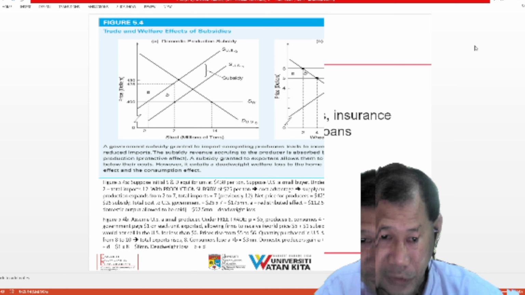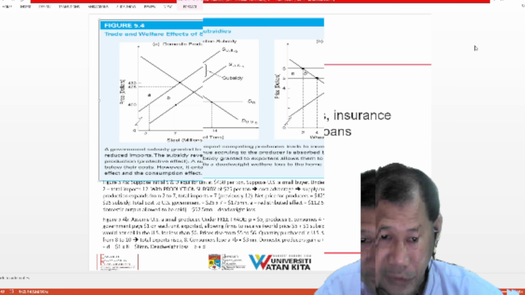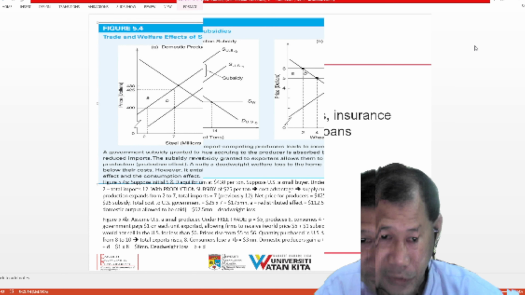Cost to taxpayer is B plus C plus D. The whole rectangle here, taxpayers pay for the export total. This is total subsidy paid by taxpayers. B plus C plus D.